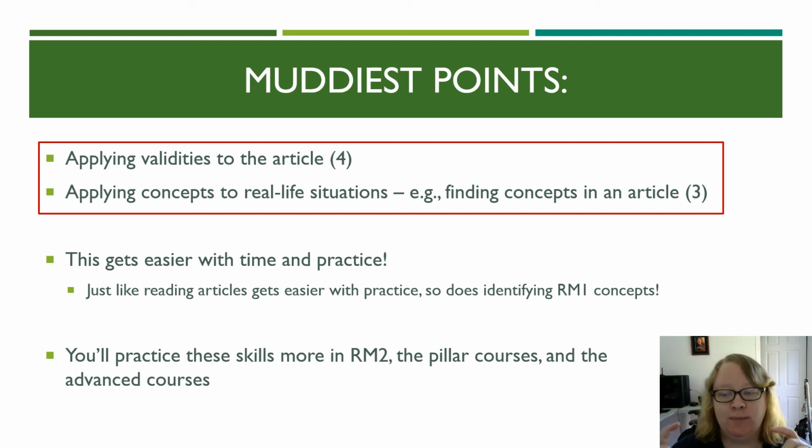You have to be at the base of that pyramid with the remembering and understanding before you can move upward to applying and analyzing and creating and whatnot. So if you feel like you're not so great at the applying part right now, that's okay. You're really getting at the base of the pyramid right now. You're at the remembering and understanding, and that's a building block. You have to have that piece before you can apply it. So your future classes will help you apply those skills, help you practice those skills a lot more.